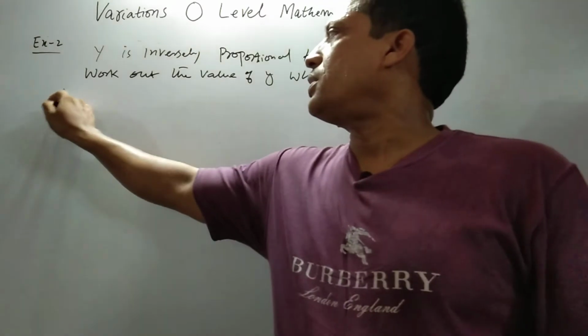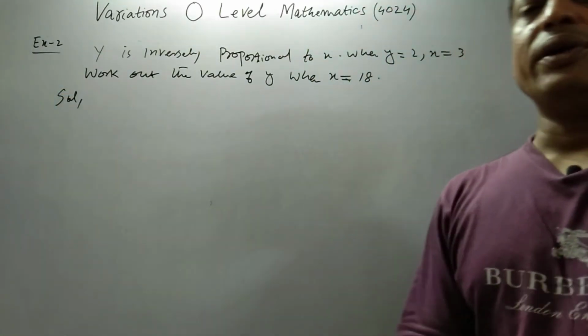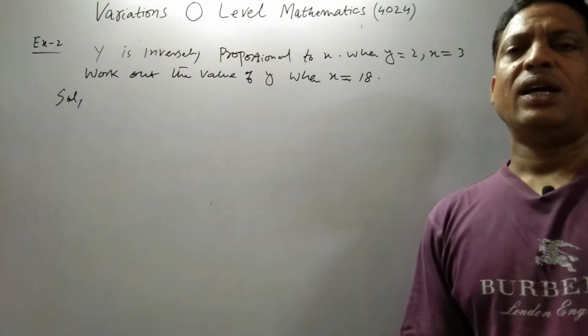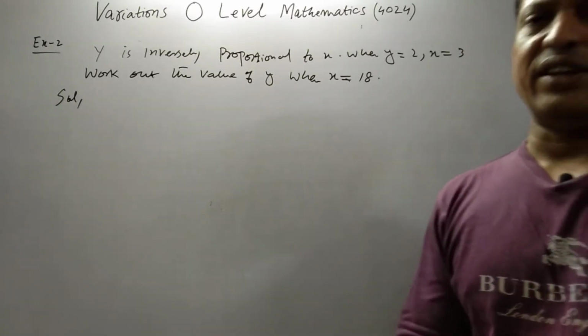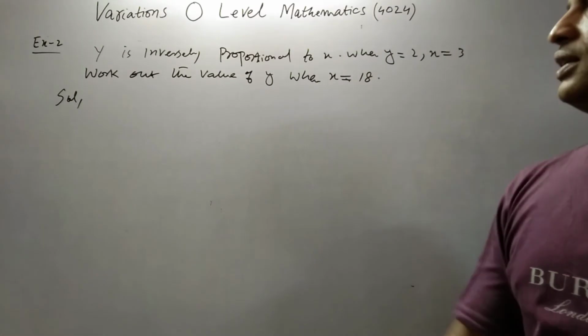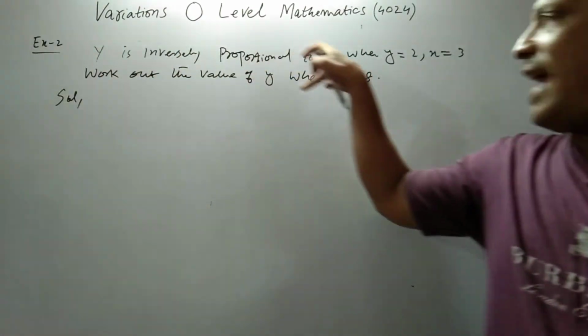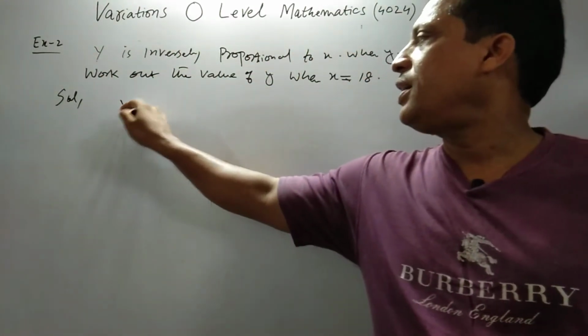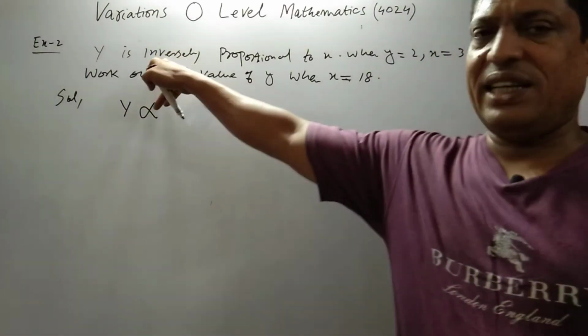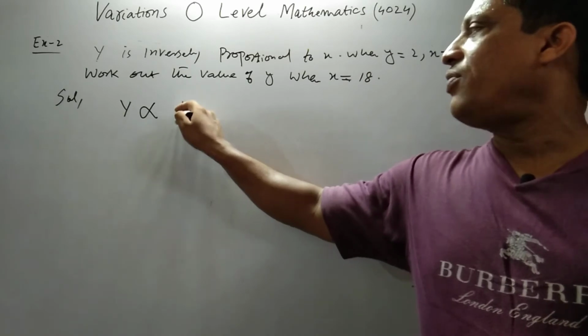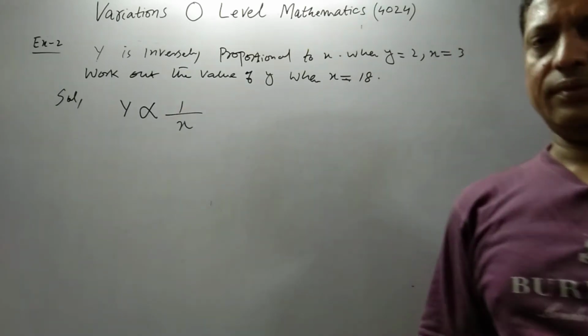This is our question. So what I told you, what is the first step? First step, write the proportional sign, given values. So what is the relation between y and x? So we have to write proportional to, what is the relation? Inverse relation with x. So we have to write 1 upon x.